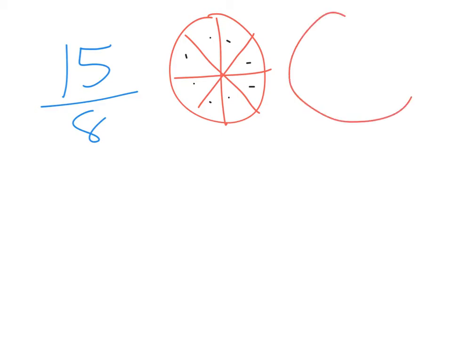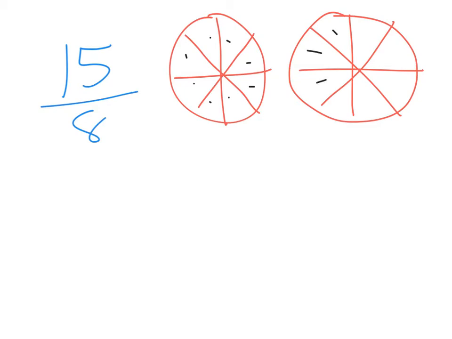So what that simply means is I have another pizza that's also cut into 8 slices. And now I can count 9, 10, 11, 12, 13, 14, 15. It looks like maybe somebody ate this last slice. And so here we are looking at the fraction 15 eighths.